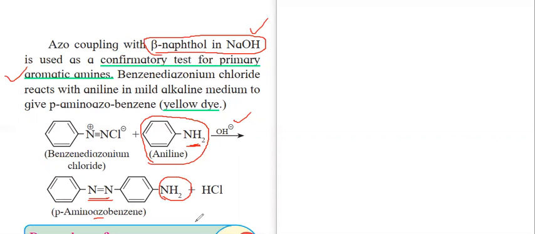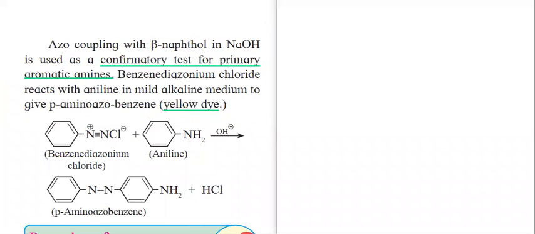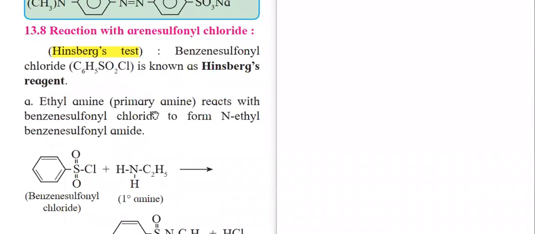It is a bright yellow compound. Whatever the color these azo compounds give, these are very bright colors, and these are used as coloring agents for industrial purposes.